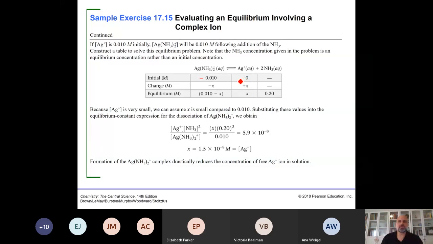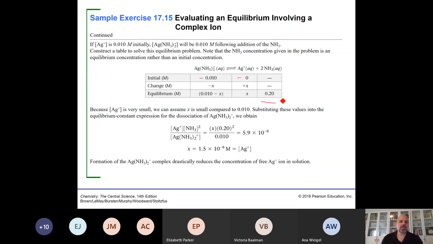We know we don't have any silver ions because we've made the assumption again that this was completely shifted all the way over to the point where the equation was completely driven over to the left-hand side. We're going to see a change that occurs, right? We know that we add ammonia into solution.